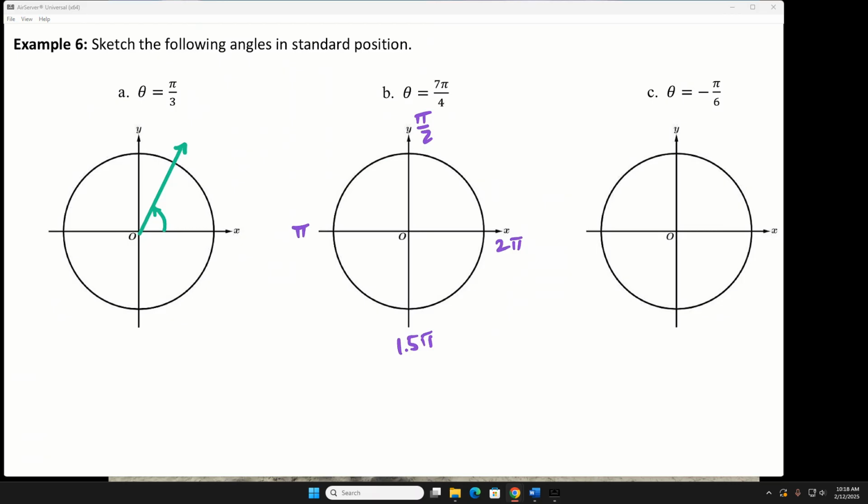That's where it is. So what you would do, if you can't do it in your head, it's fine, you take 7 and divide it by 4. So it's about 1.7 something. So it's definitely in quadrant 4. How's it going to be situated in quadrant 4? Halfway, yep. And it's a positive rotation.